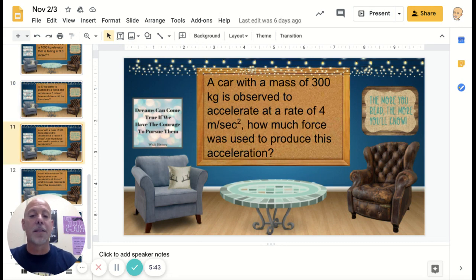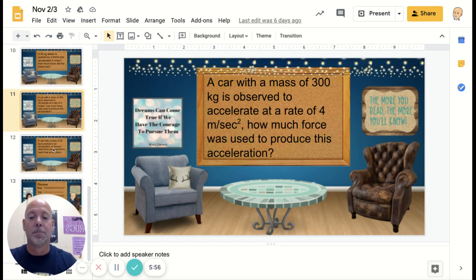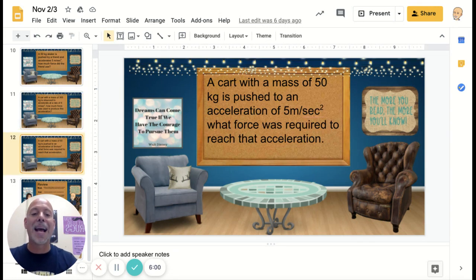A car with a mass of 300 kilograms is observed to accelerate at a rate of 4 meters per second squared. How much force was used to produce this acceleration? Here we go. A cart with a mass of 50 kilograms is pushed to an acceleration of 5 meters per second squared. What force was required to reach that acceleration?